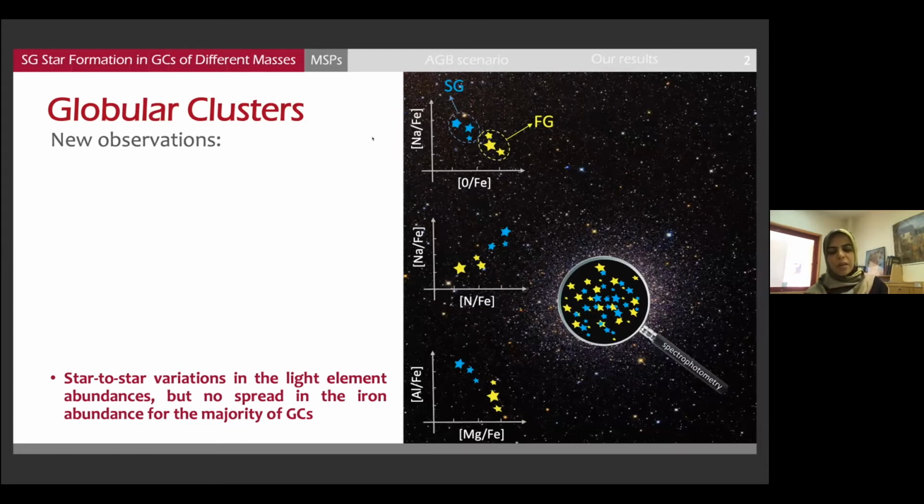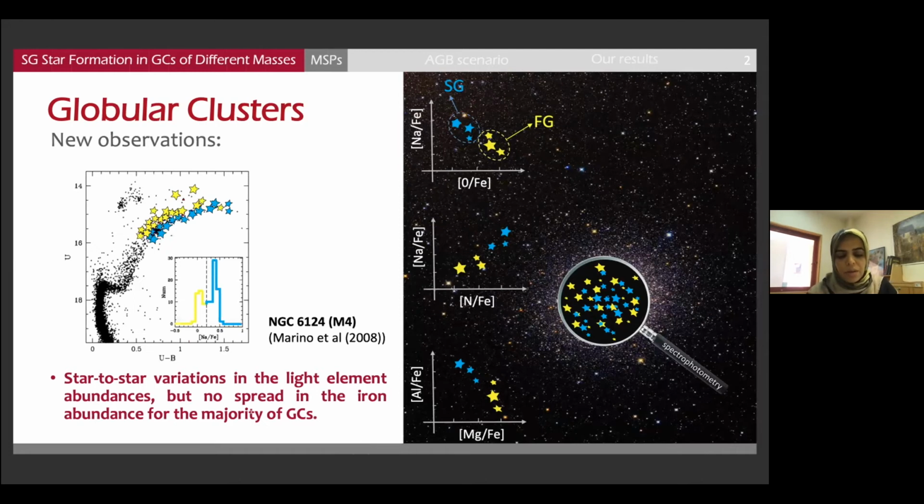Second generation stars show enrichment in some elements like helium, sodium, nitrogen, aluminum, and depletion in other elements like oxygen and magnesium, but with no spread in iron abundance for most globular clusters. These different populations are placed on different isochrones, as you can see here for NGC 6124.